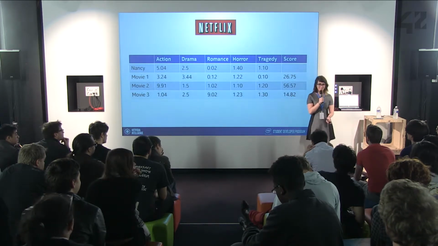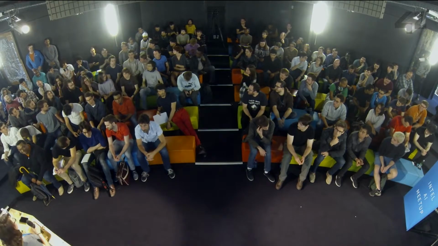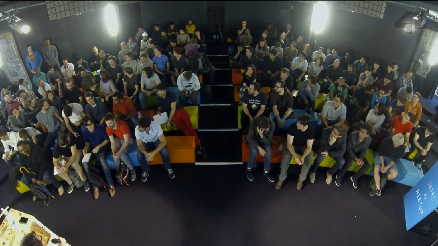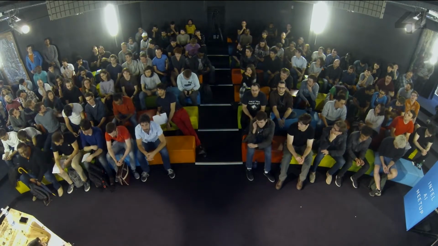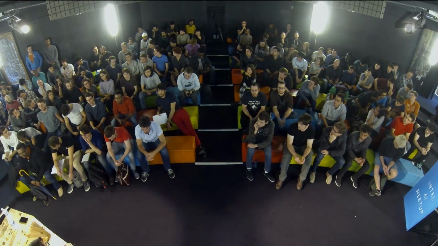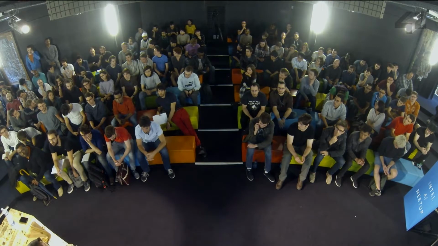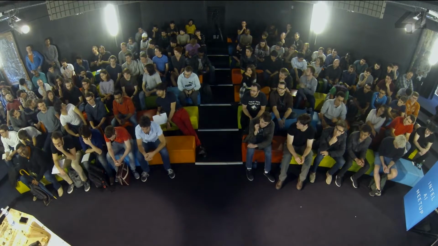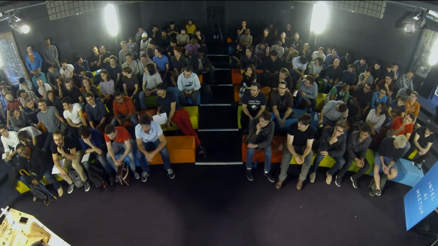I had a question about overfitting. You say that you use 80% of the data for training and 20% for testing, but you can already overfit your algorithm with your model with 80% of the data. So what do you do if you see that it's overfitted during the testing phase? Yeah, totally.